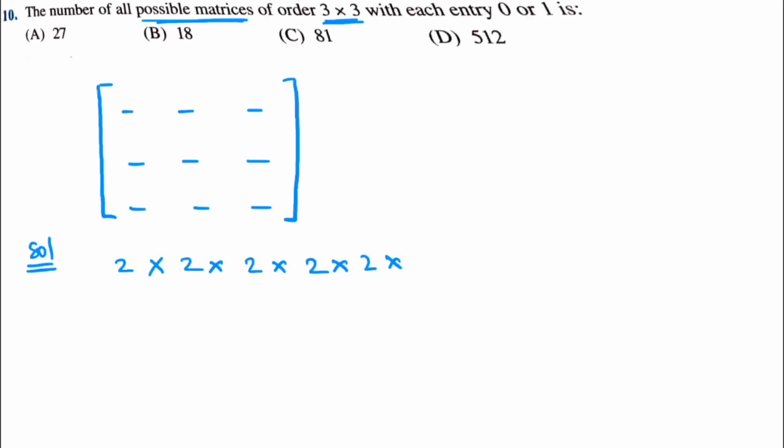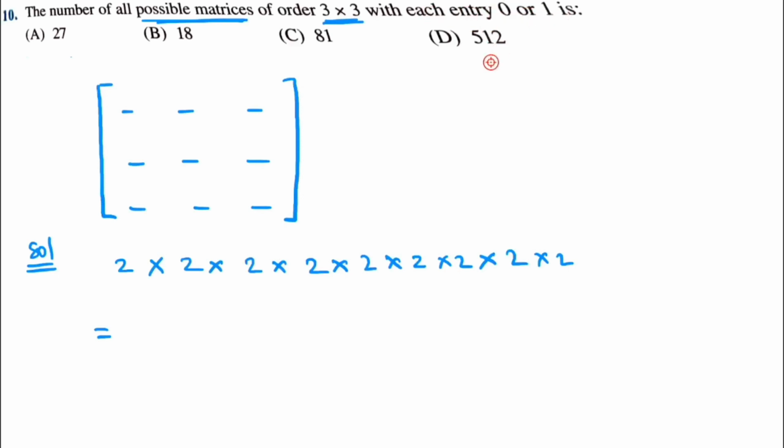So 2 into 2 into 2, and so on. So you will get the number of all possible matrices of order 3 by 3 with entries 0 or 1, they are saying.